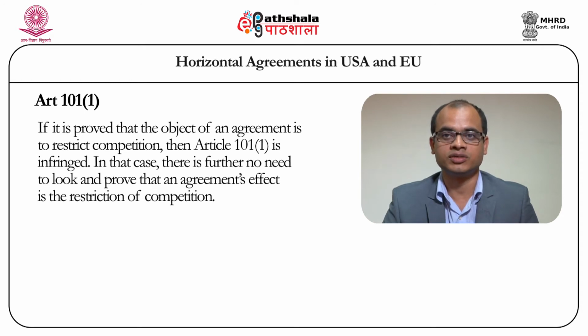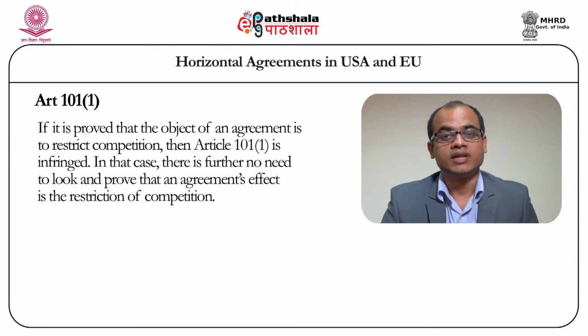So what we need to analyze is the balance between them. Now, object or effect of restricting competition: this is what normally horizontal agreements or cartels like price fixing or bid rigging by their object are seen as, anti-competitive.